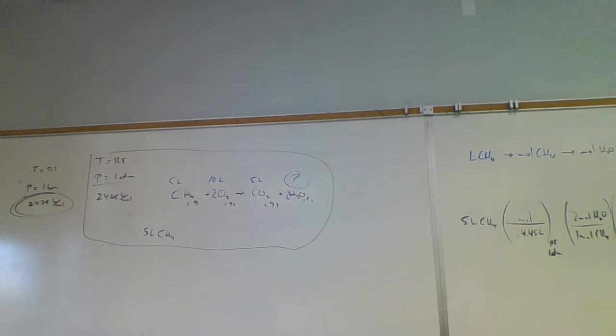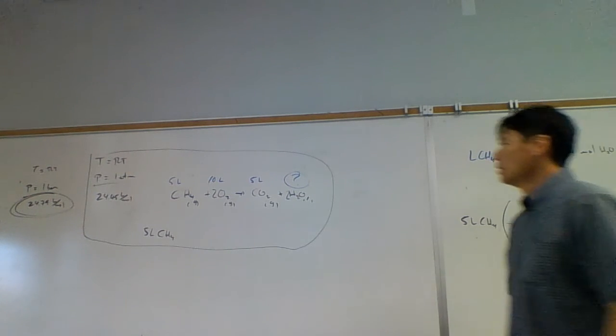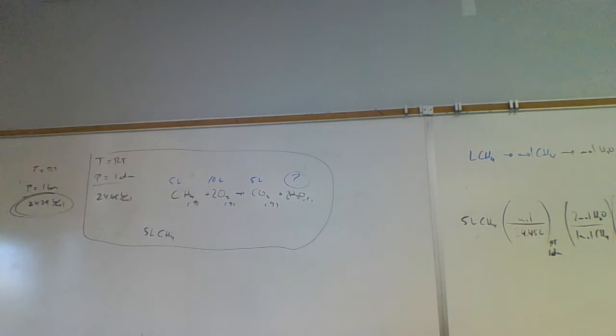So oxygen 16, 2 hydrogens is 2, 18.02. And then the density of water, for every milliliter of water, I have 1.00 grams of water. Figure it out. And so how many milliliters of water am I going to get?